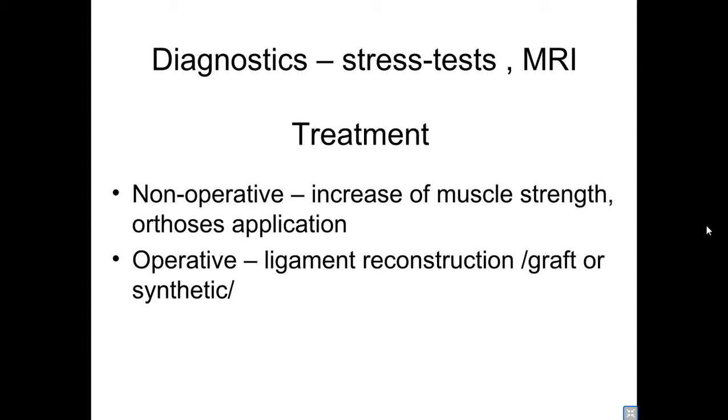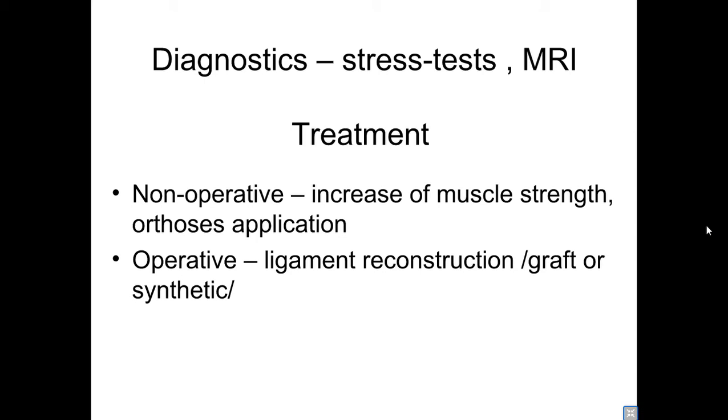We sometimes use bony tunnels at the point of insertion of the ligament, and we conduct those grafts in the bony tunnels.